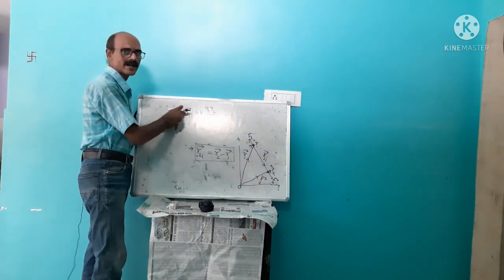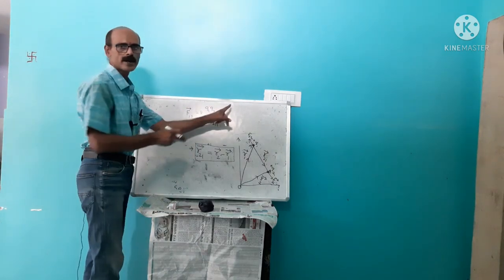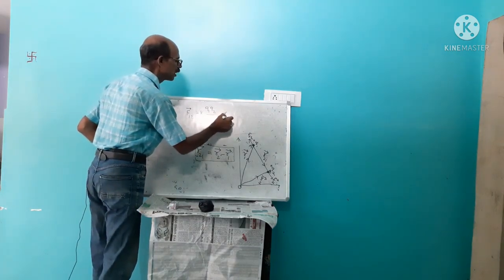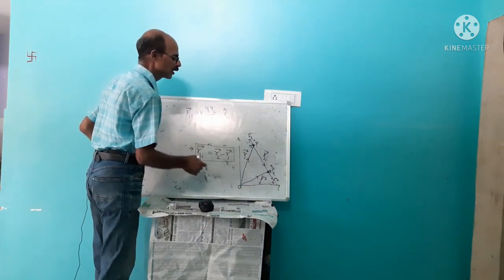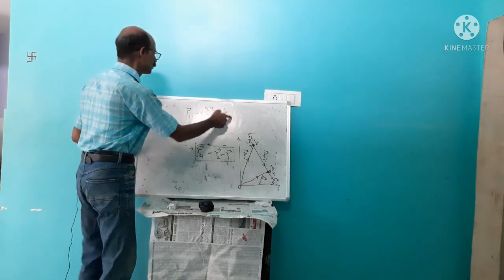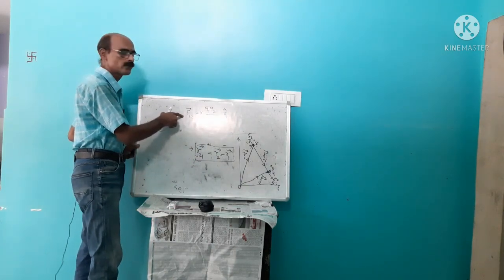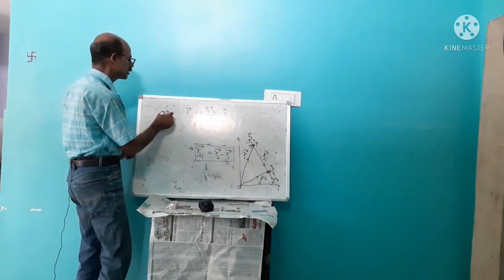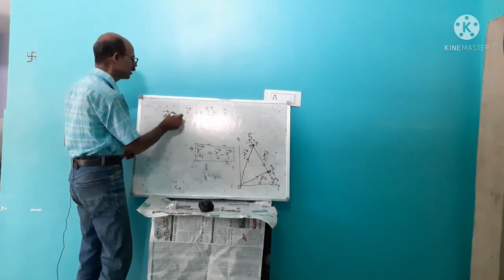But since it is a vector, this side we have to multiply a unit vector, and that unit vector is R21 cap. So that R21 cap should be in the direction of F12. We know that vector A is equal to magnitude of A into A cap.